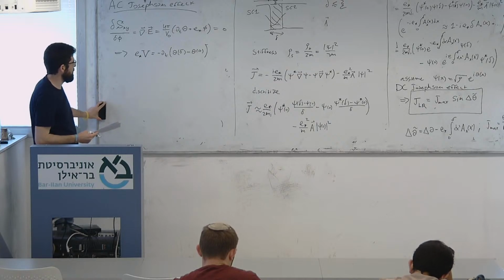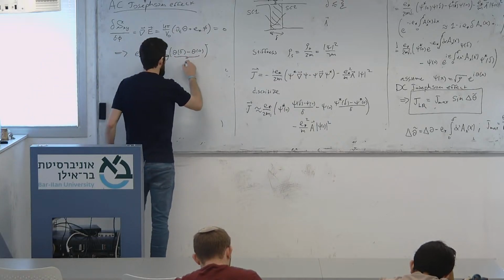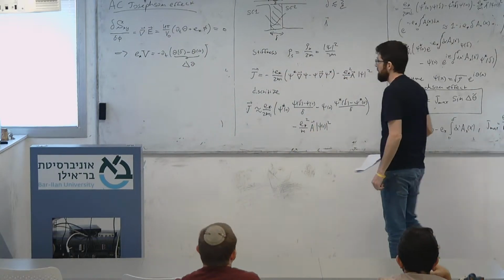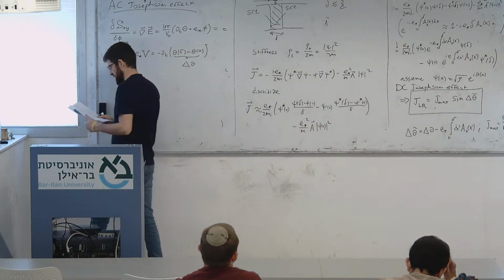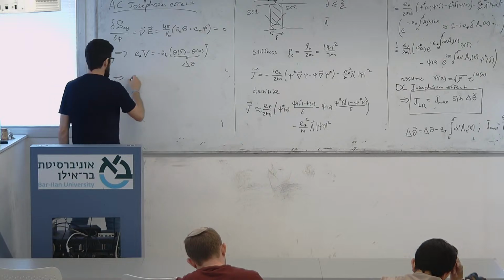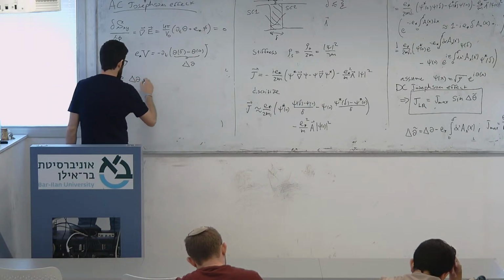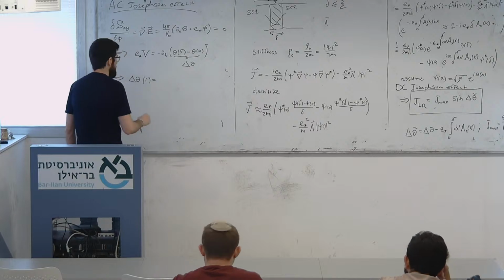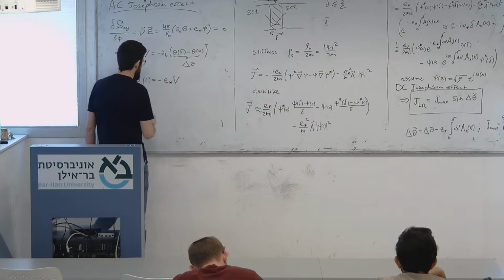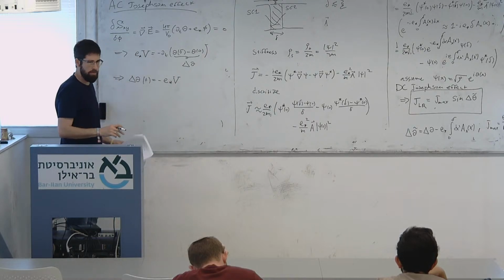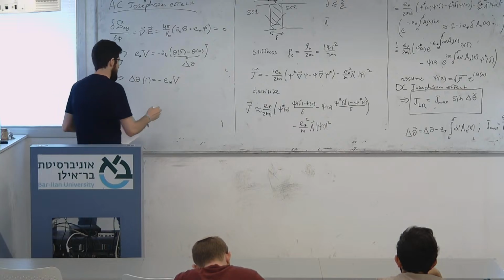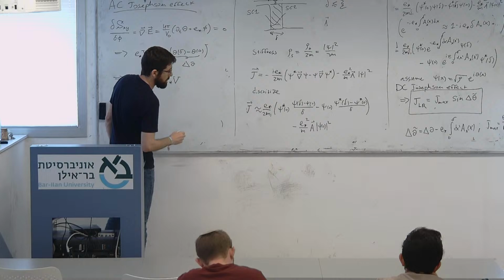Or in other words, this is what we call delta theta. So what we conclude is that when there is a bias voltage, then delta theta is time dependent, and it's equal to minus E star V, plus maybe some constant, but that's just the phase shift. It's not interesting.